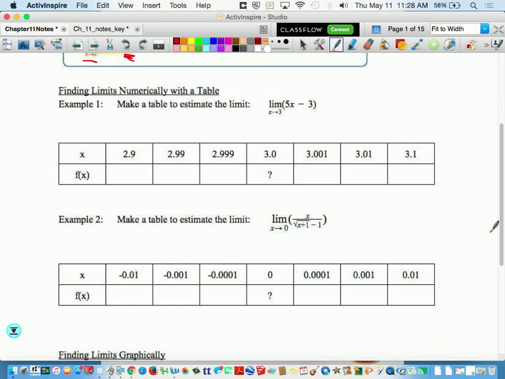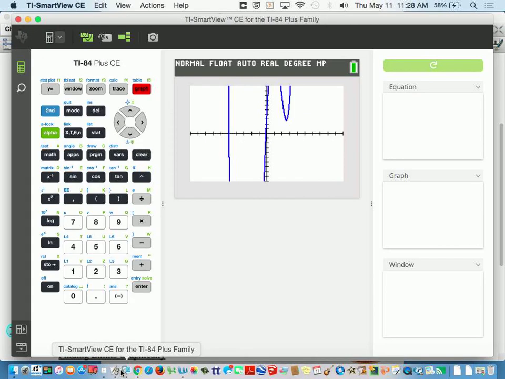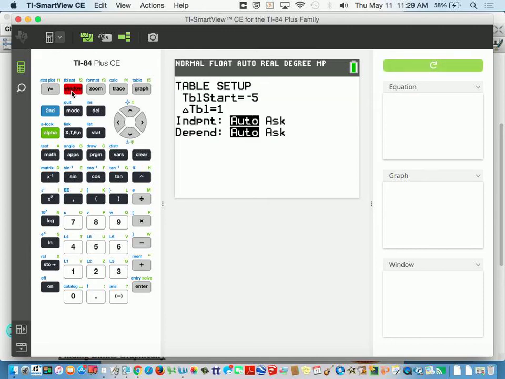You can make a table to help estimate it. So what happens if I put 2.9 and 3.1 into our function? You could go to the calculator and have it help you make a table. Go to y equals, I'll clear that out. It is 5x minus 3, right? Yep. So if I want to do this, I could get close to 3, but we're using 2.9 and 3.1.